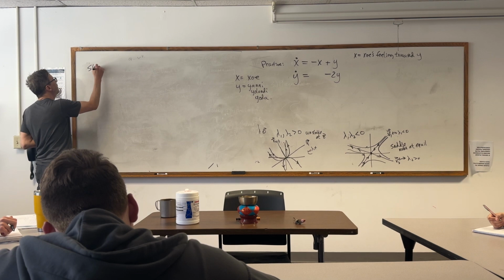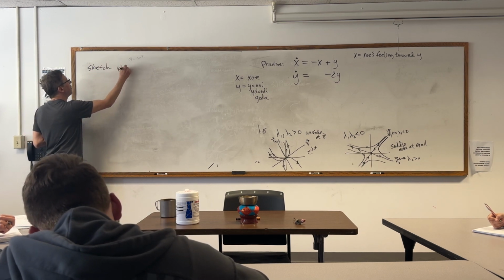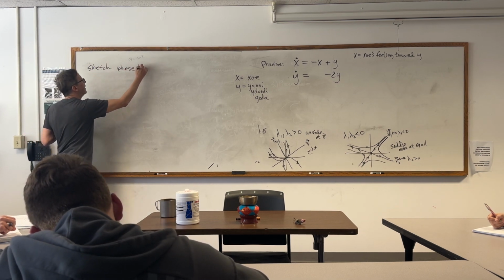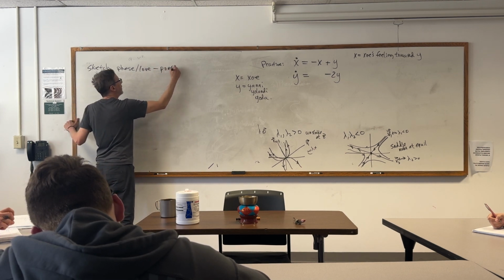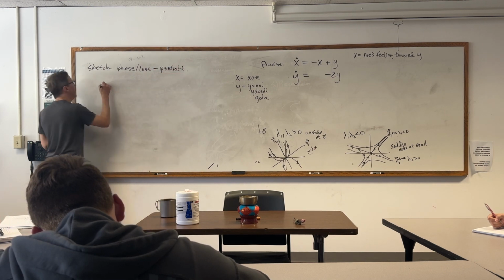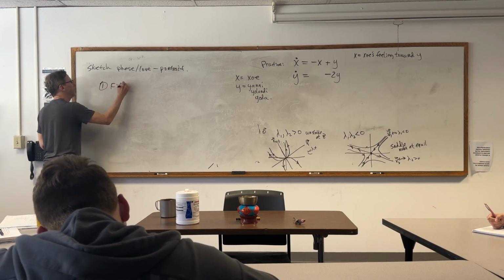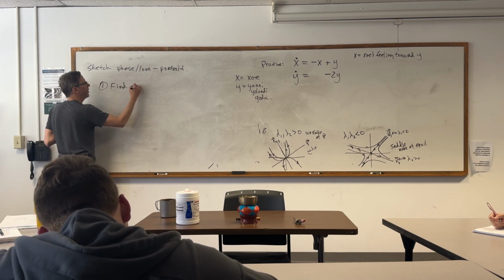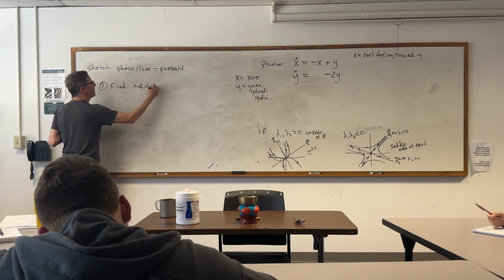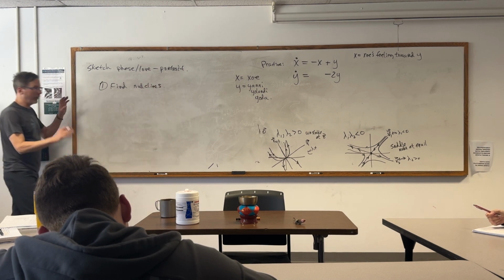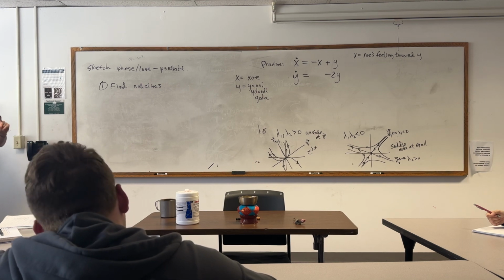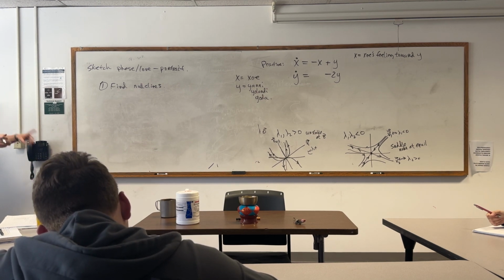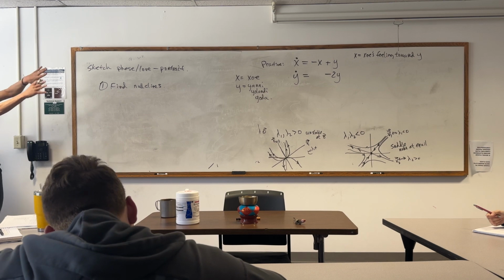So sketch a phase portrait, a phase love portrait. Step one, find the null lines. Please show me all this stuff very clearly in your assignment. I want to be able to find it. I don't have to go looking for it in some weird field of scratches.